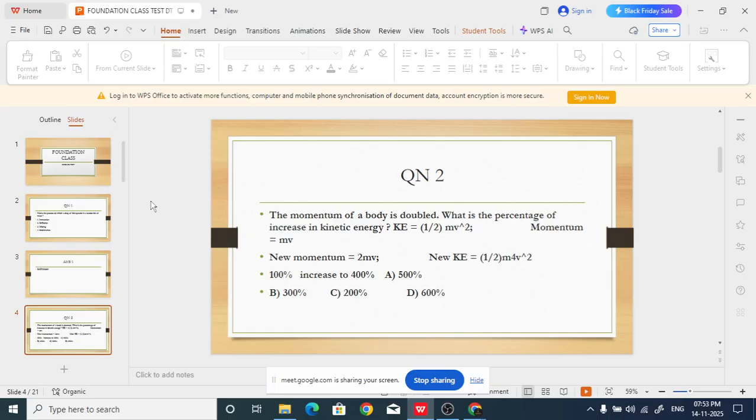No. Percentage decrease. The decrease is only one. So 1 by the original, which was 4, into 100. It is 1 by 4 into 100.